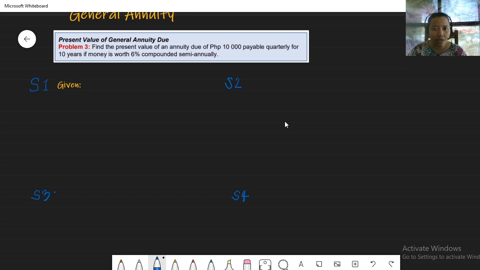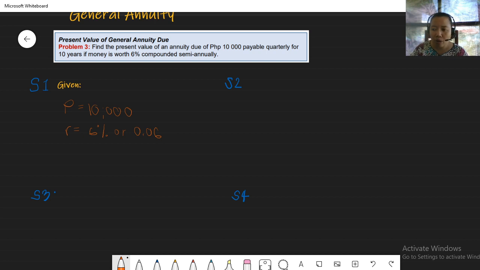Step 1, given. We have our periodic payment, P, which is equivalent to 10,000 pesos. Next, our interest rate R is equivalent to 6% or 0.06.